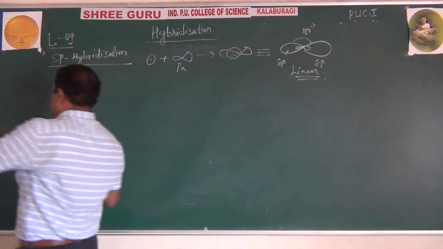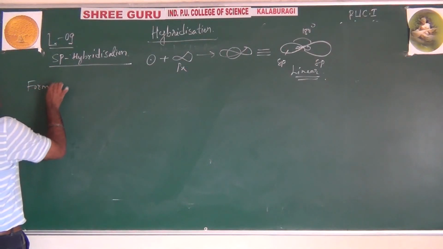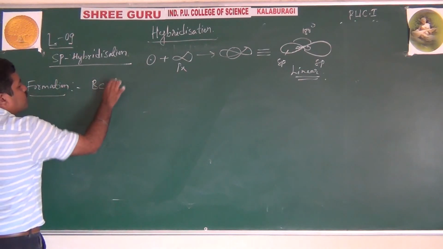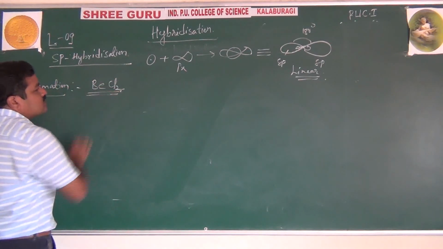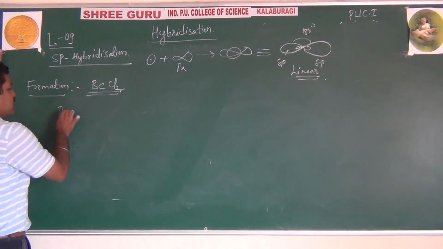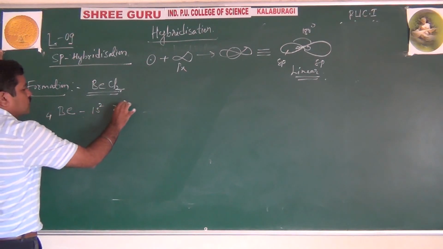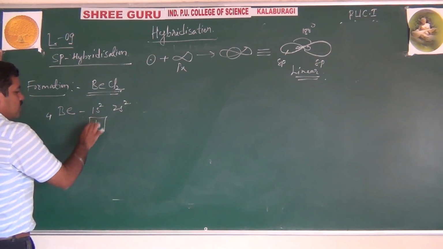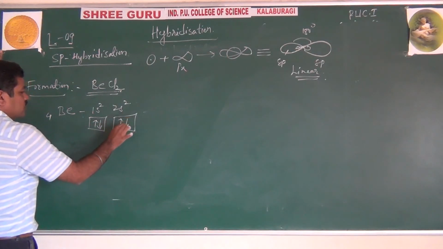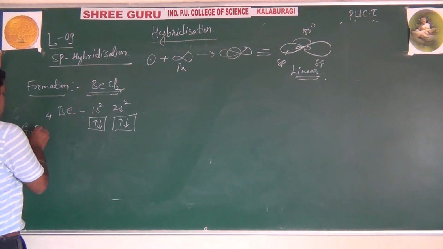Now we'll give an example: formation of beryllium chloride. In your theory syllabus, this is the first example. Beryllium has atomic number 4, so the ground state electronic configuration is 1s2, 2s2.